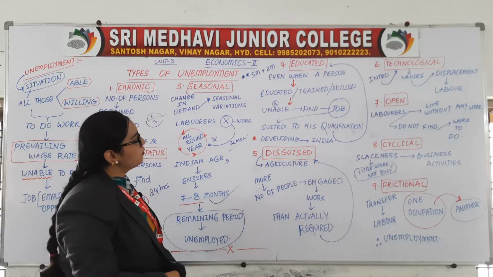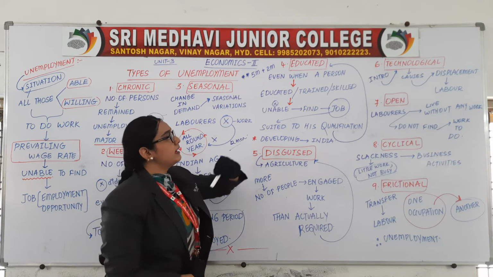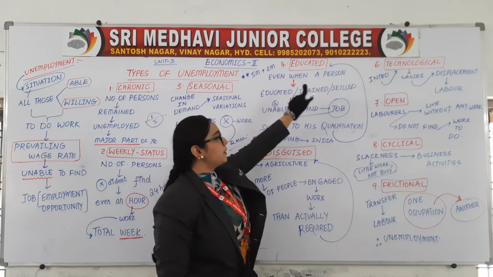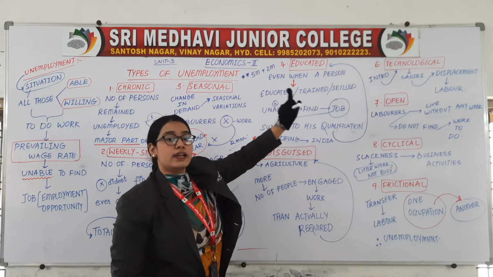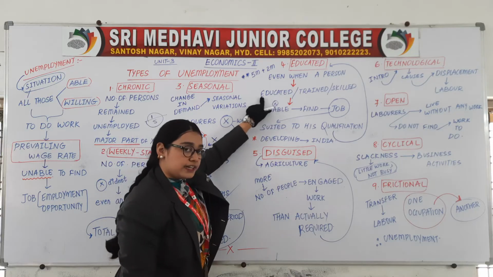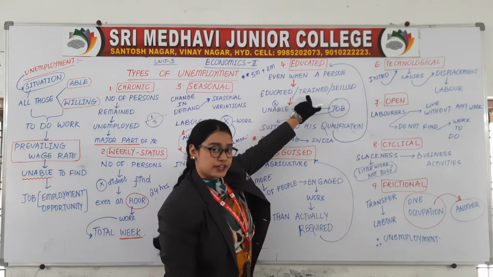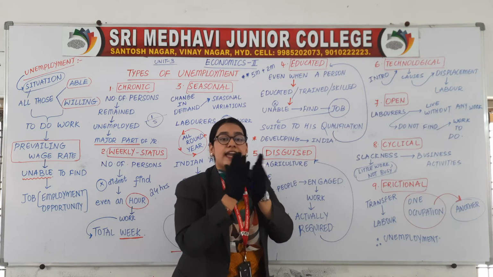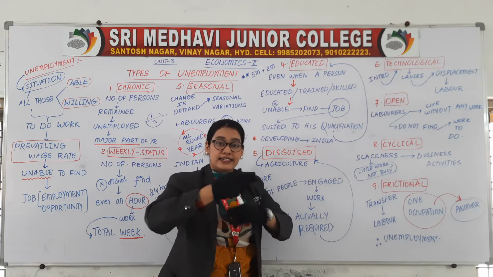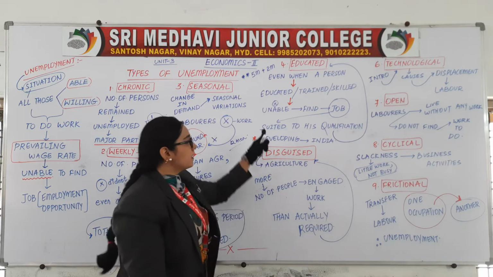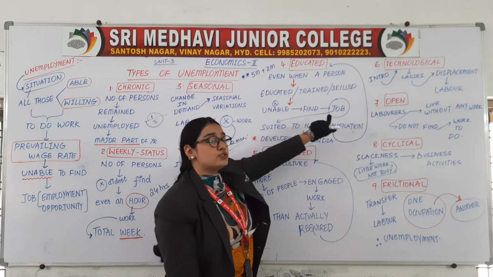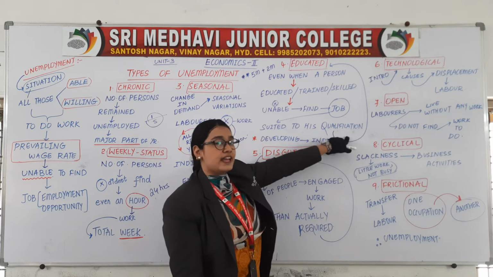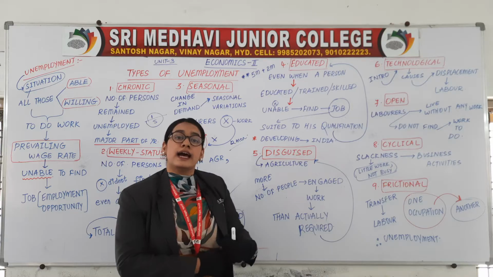Next, coming to the fourth point, that is educated unemployment. Very important one. When a person who is educated as well as trained as well as skilled is unable to find a job suited to his qualification, then he is said to be educated unemployed.